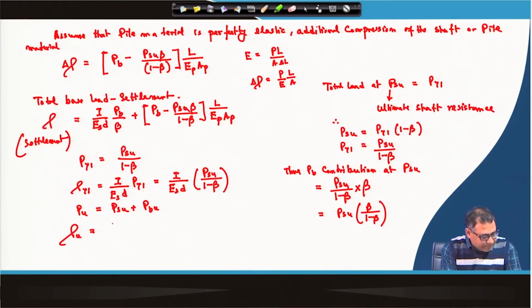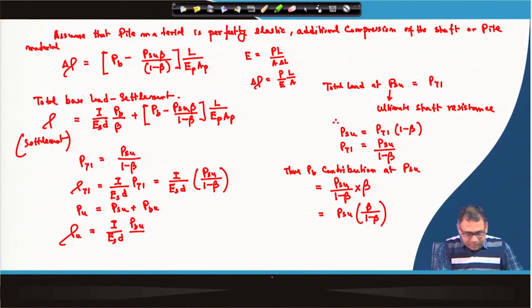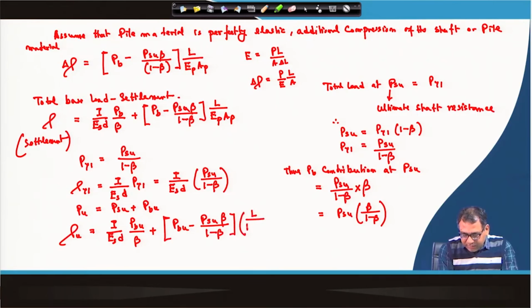So, rho ultimate will be I by Es d into Pbu ultimate, because it is up to the ultimate. Okay, this is Pbu ultimate, corresponding to this is the rho u. So, Pb ultimate divided by beta plus (Pb ultimate minus Psu) beta (1 minus beta), then L by Ep Ap.